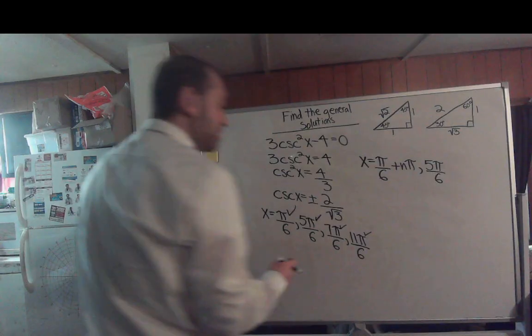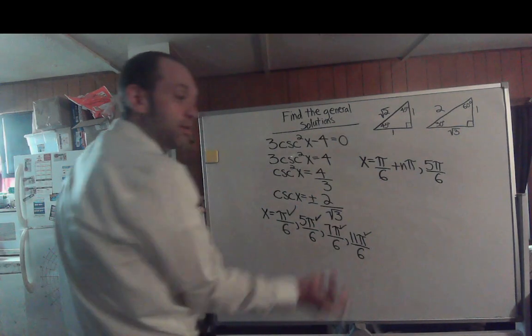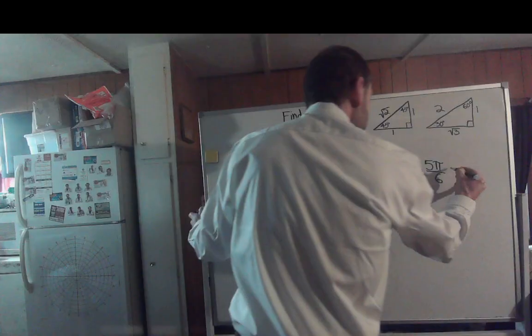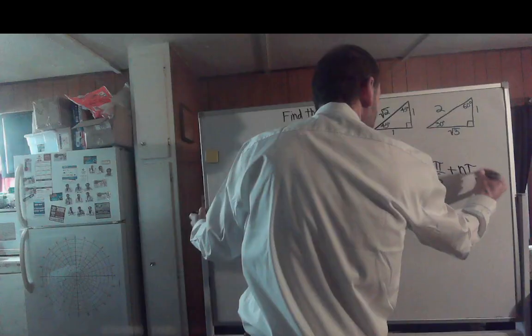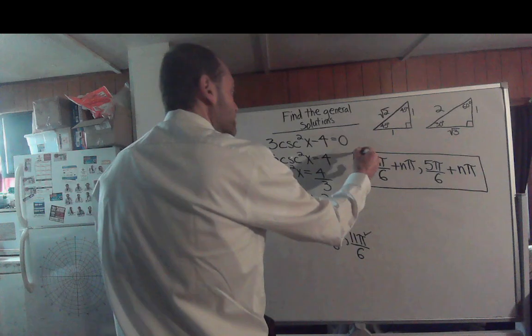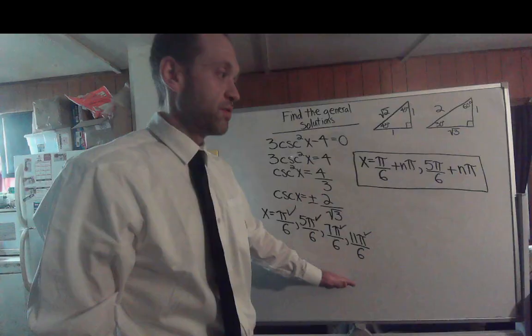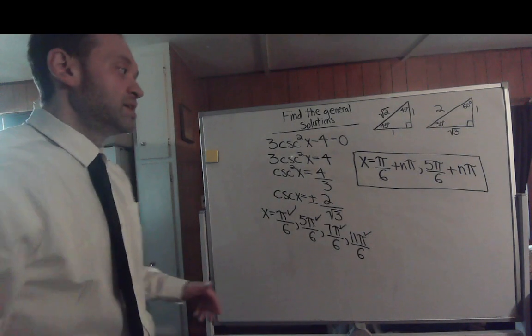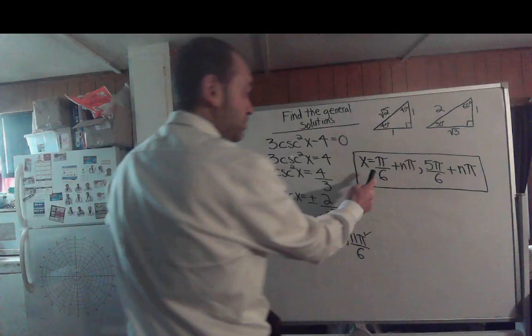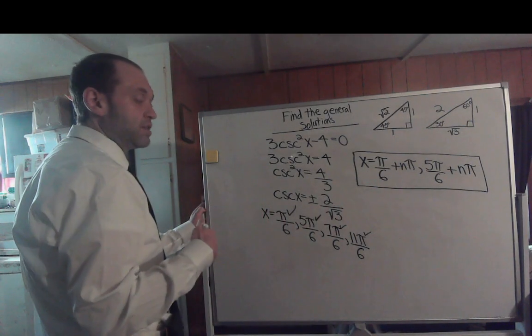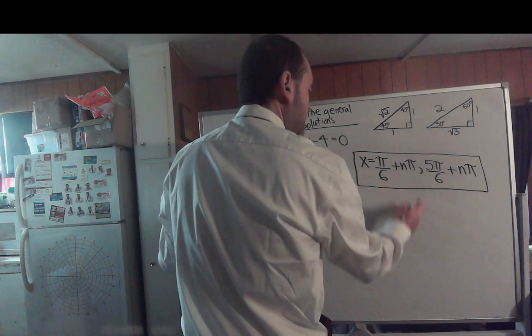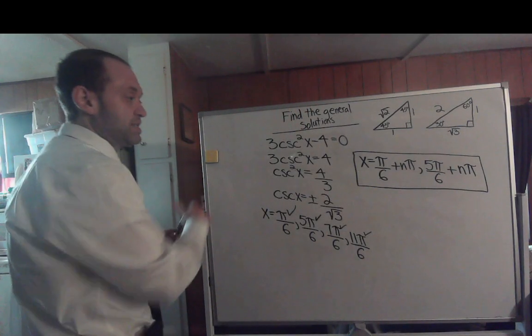And if I add 1 pi to that, I'll end up getting 11 pi over 6. So I can also write 5 pi over 6 plus n pi. That would be the 2 general solutions, which would really account for all 4 of these in the interval from 0 to 2 pi. So you only have to write 2 general solutions. X would equal pi over 6 plus n pi, and 5 pi over 6 plus n pi.